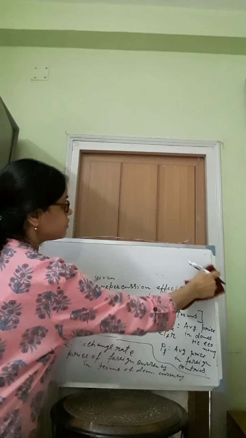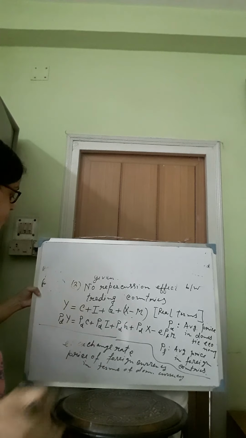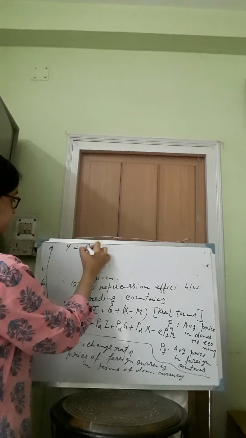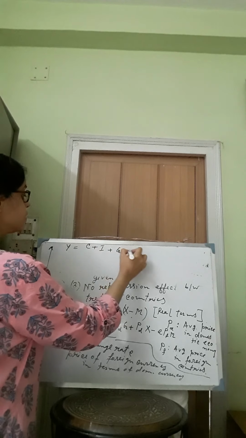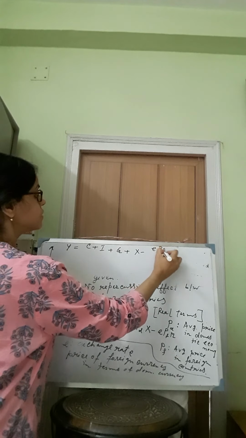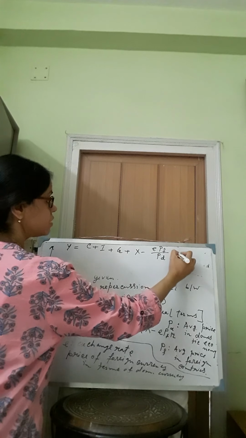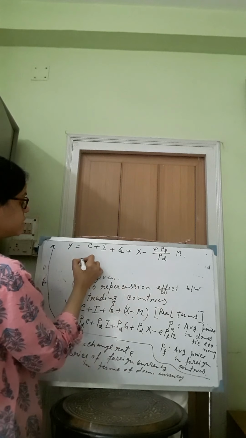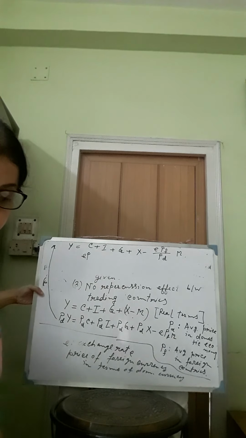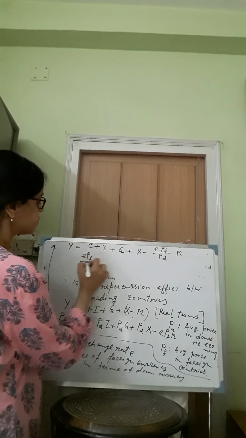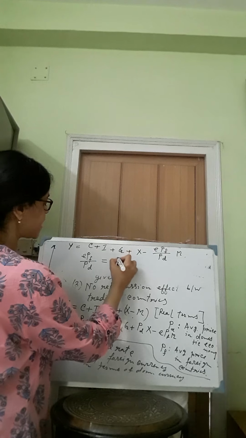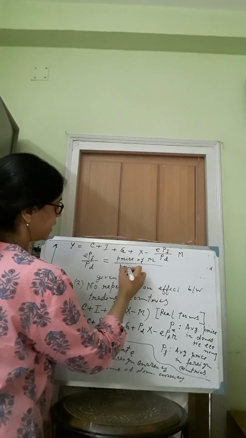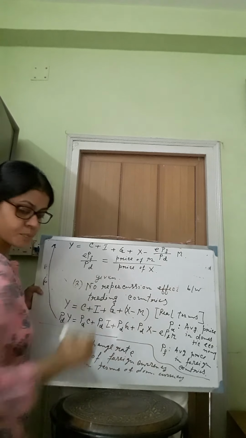Now if we divide both sides by PD, we will get Y equal to C plus I plus G plus X minus E PF over PD times M. Now what is this E PF by PD? E PF by PD is the ratio between the price of import and the price of export.